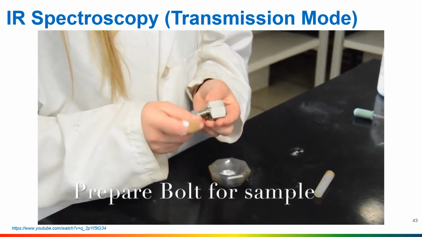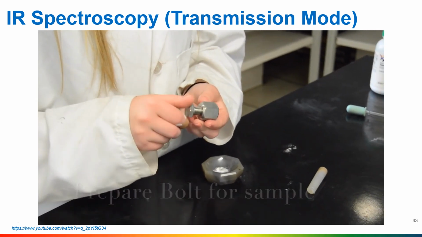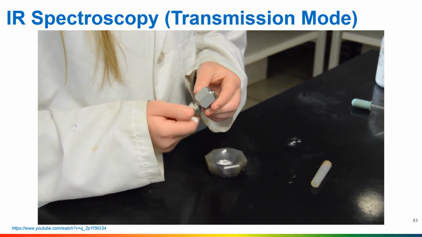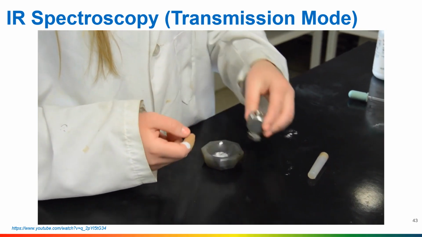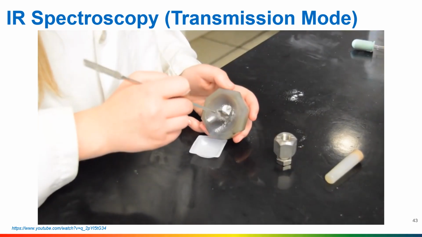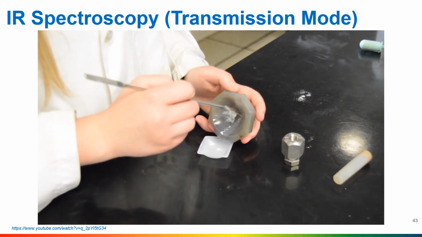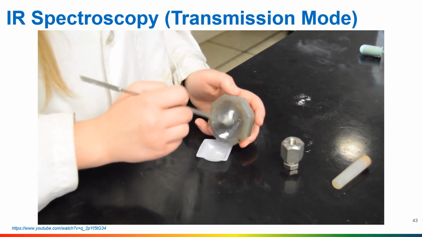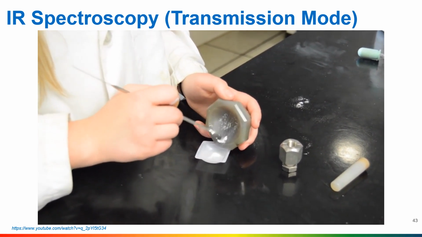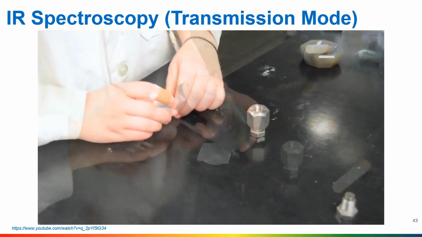Next, to prepare the bolt, screw in the bottom screw, being careful not to over-tighten. Transfer your sample from the mortar to a third unused weigh boat and then into the open end of the bolt. Secure the top with a second screw.